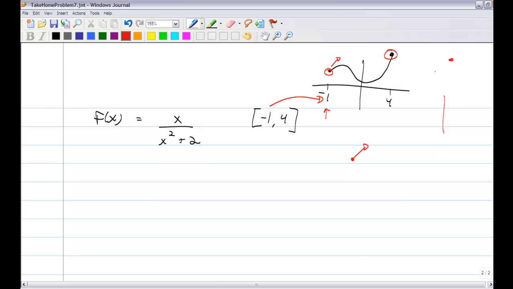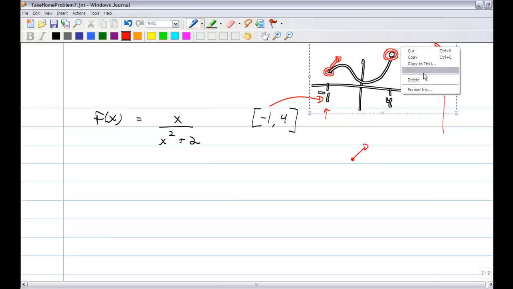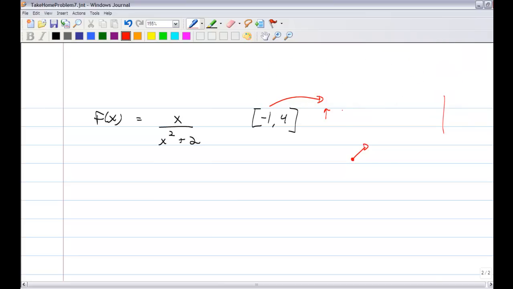Well, if it increased up to that point, you have a relative maximum. If it decreased coming into that point, you have a relative minimum. So this is a little more involved, just because I'm going to ask you to also pay attention to the fact that this is a closed interval, and on the left-hand boundary and the right, you'll have a relative extreme value.